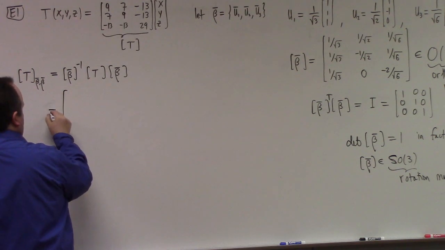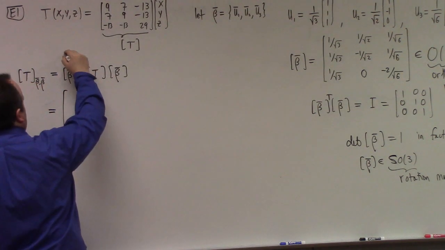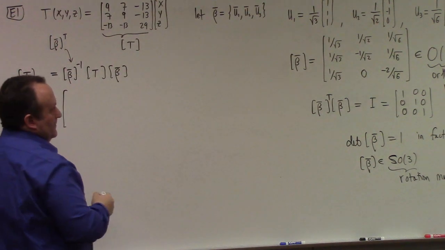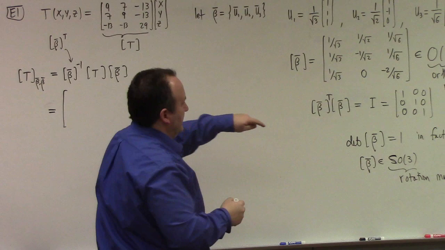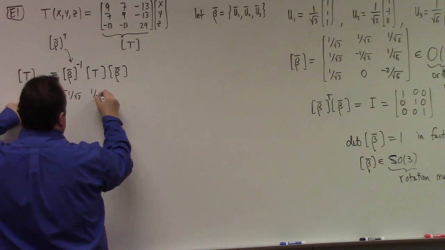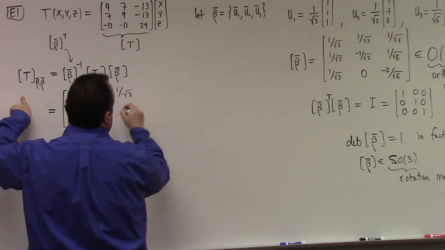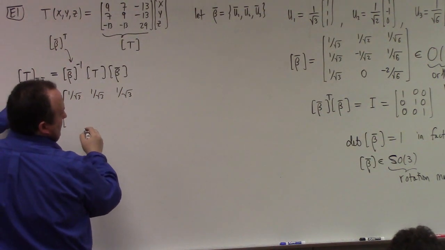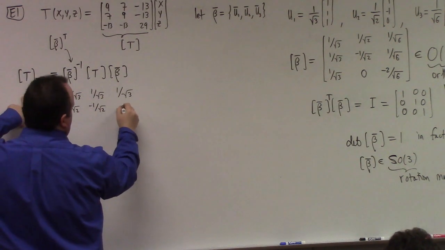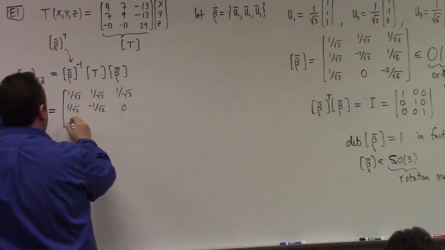We just transpose it. So that's just beta bar transpose, thankfully. And how do you transpose a matrix? Just take your column and make it into a row, right? We take our second column and make it into a row. Take our third column, make it into a row.